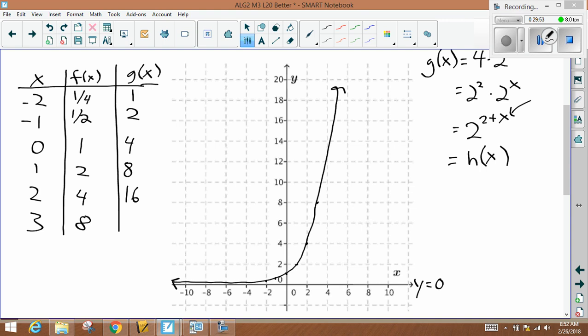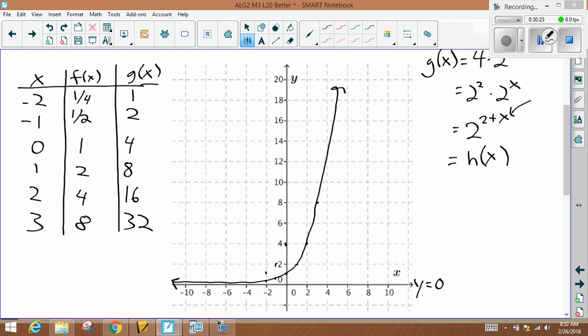8, 16, 32. Okay, let's plug those in there. At -2, we are at 1. At -1, we are at 2. At 0, we're at 4.